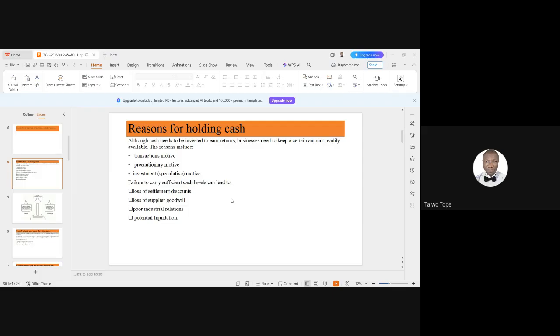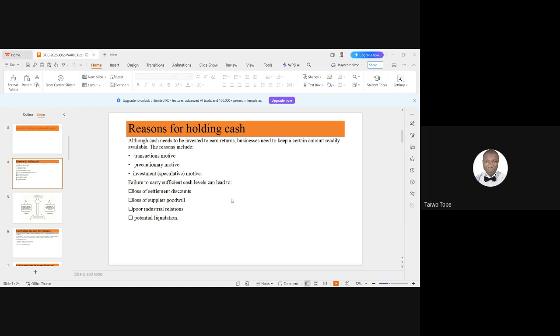The objective is to ensure that the firm has sufficient liquidity to meet obligations while minimizing the cost of holding idle cash. Because when you hold cash in your hands, you are losing opportunity. The opportunity you are losing is the profits that the cash would have brought into your business if you had engaged the cash.